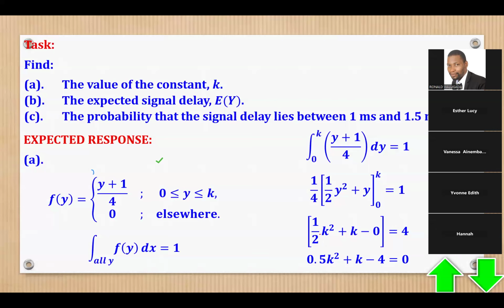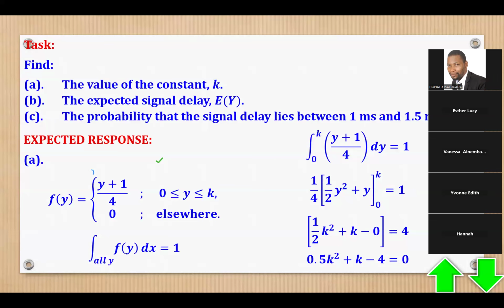But basically you should remember that small f, the PDF, you integrate; capital F, you simply substitute.